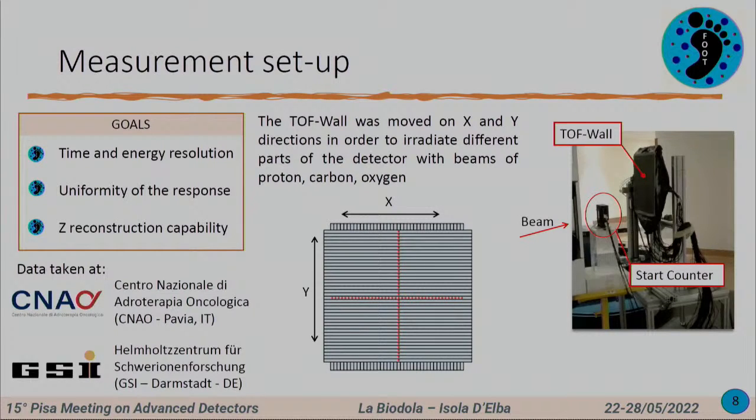To do that, we took data in 2 different accelerator facilities using proton, carbon, and oxygen beams with different energies. And we have a system that allows us to move the detector, so as to irradiate different bars in different positions, to have a full characterization of the detector.